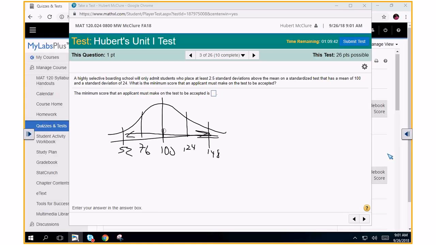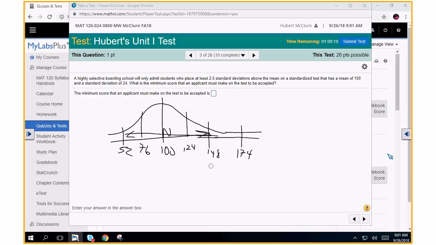They say 2.5, so that's going to be here. 3 would be 148 plus 24, which is 172.